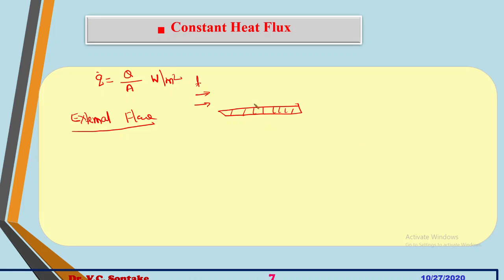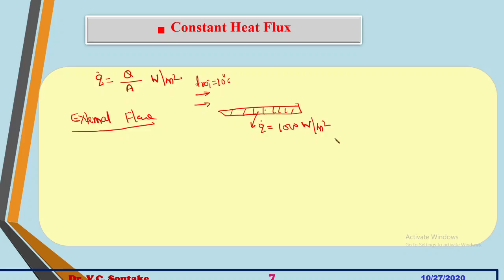Air with initial temperature 10 degrees Celsius is flowing along the flat plate, and if this flat plate is maintained at constant heat flux boundary condition, it will be given to you that it is subjected to this much heat flux. That means, let's say 1000 watt per meter square of heat flux is being supplied to this plate to heat it.